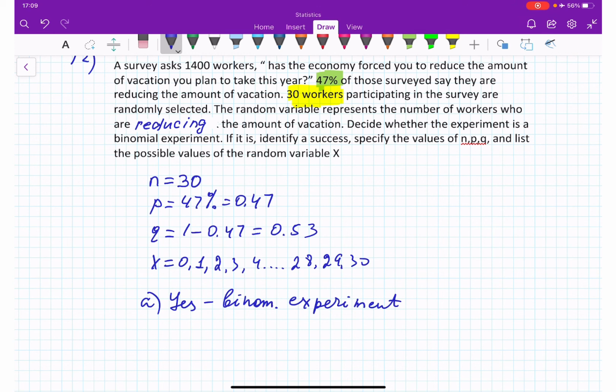So here, success is going to be reducing the amount of vacation. This is the subject of our interest. So, the success in this experiment is workers who are reducing the amount of vacation.